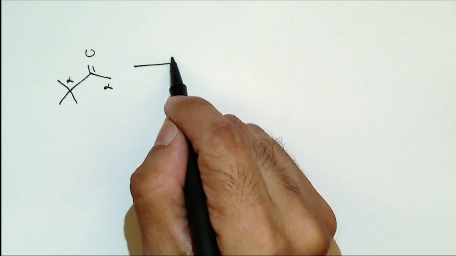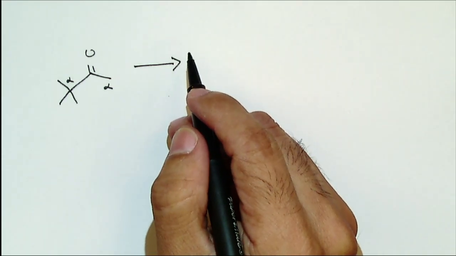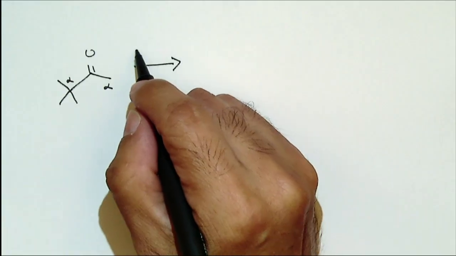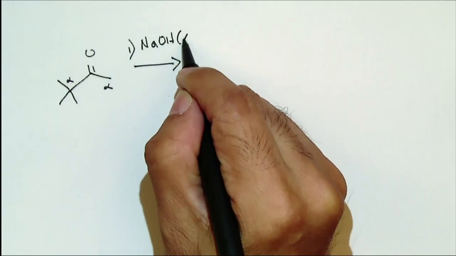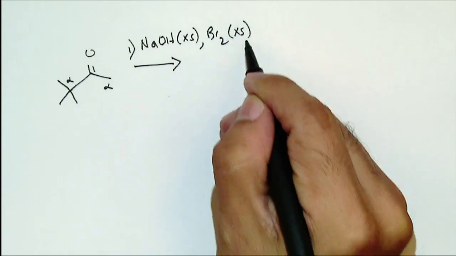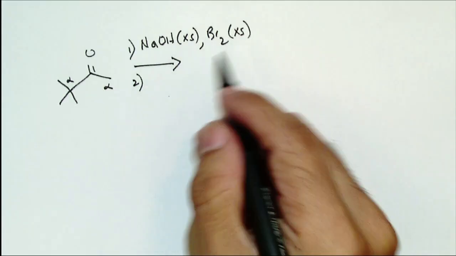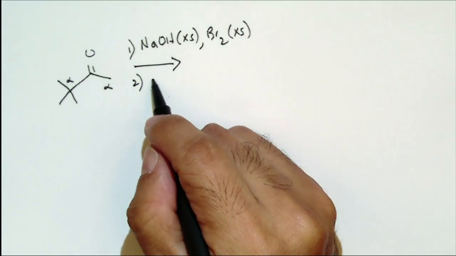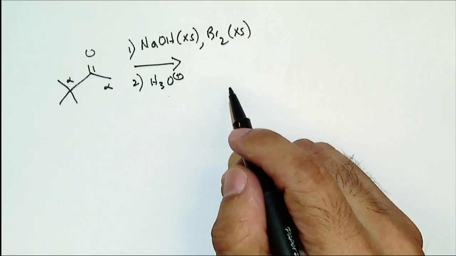So if I take this and I use excess base and excess of the halogen, so step number 1, I use sodium hydroxide, and I'll just specify excess, and bromine, and I'll just specify excess. And then, of course, since I'm doing the reaction in basic conditions, before I do my extraction, etc., I want to add an acid to neutralize any unreacted base that I have.